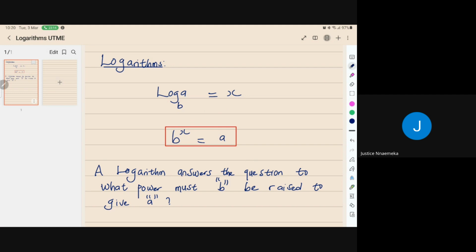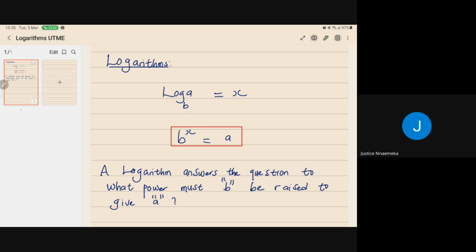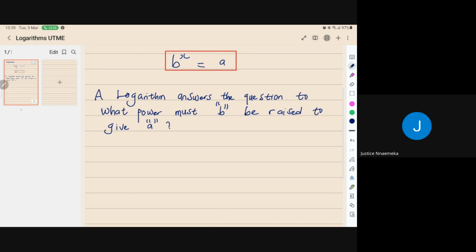That is simply what the logarithm is trying to ask you, right? And I've given examples on how that can be. So, to give more examples, I can have, to what power, if I have log 27 base 3. It is simply asking me to what power am I going to raise 3?